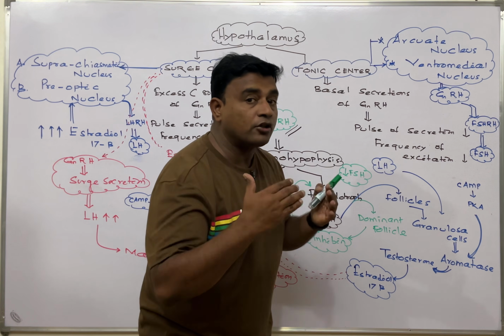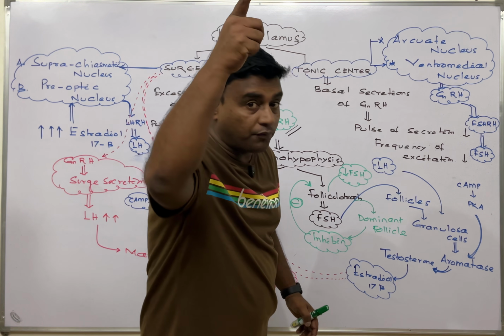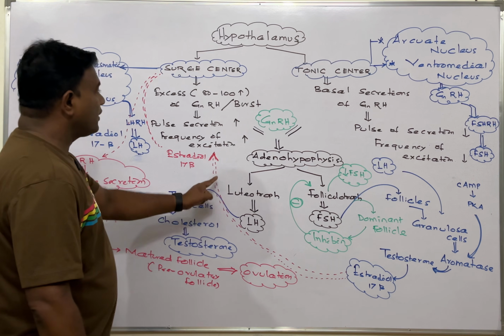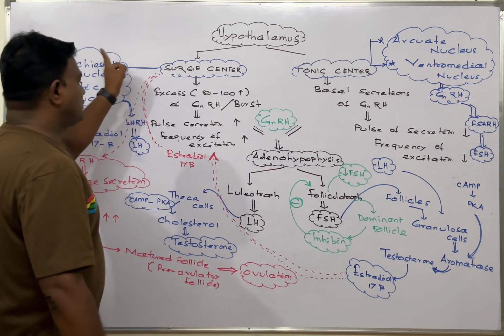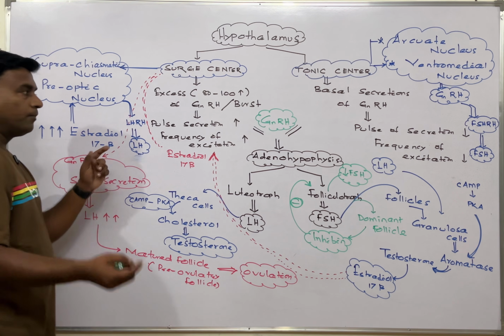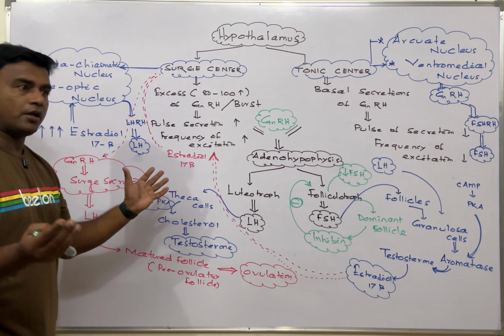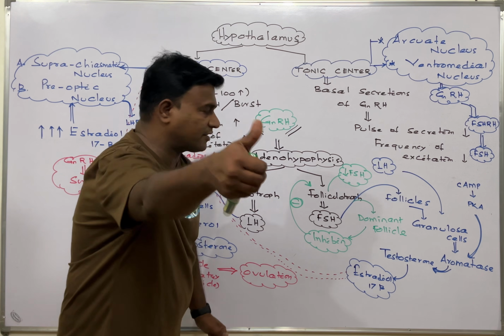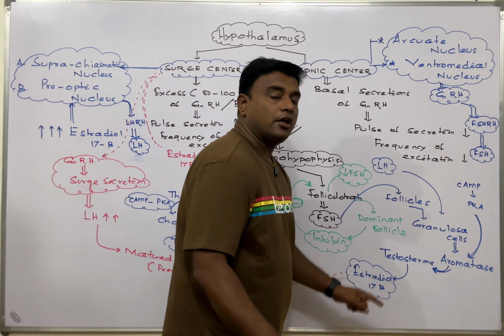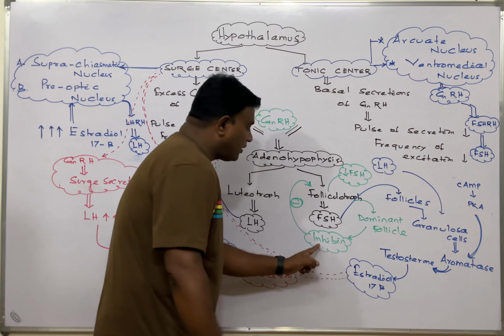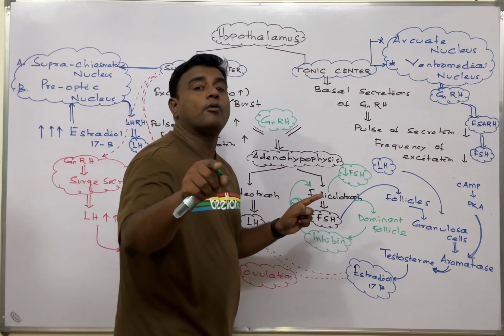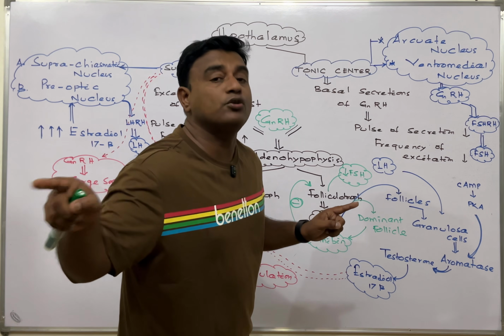So around 8 to 12 times, it can go up to 25 times, and that estradiol 17 beta, this red line, will go and stimulate the surge center. High GnRH pulsation is seen, the GnRH-LH axis is activated, and LH is secreted, which causes ovulation. Simultaneously, it also secretes inhibin, which is an inhibitor of the folliculotropic cells at the adenohypophyseal, anterior pituitary level.